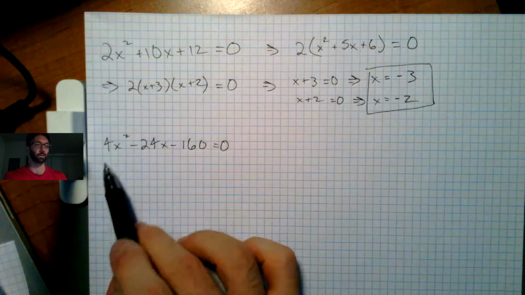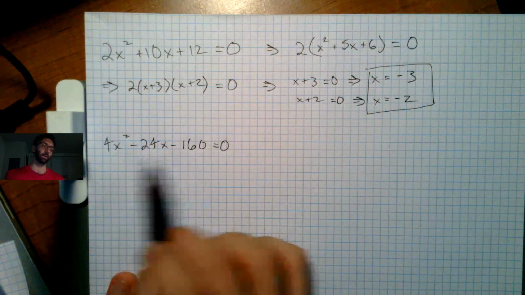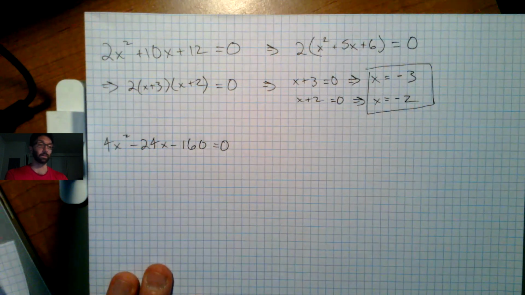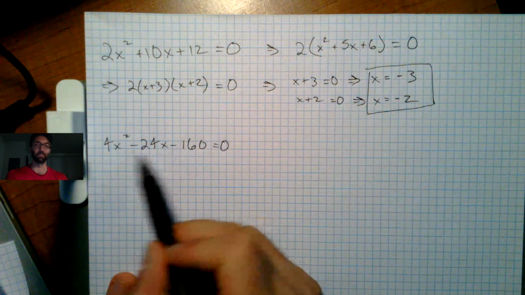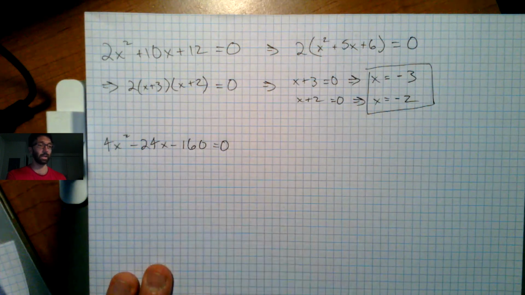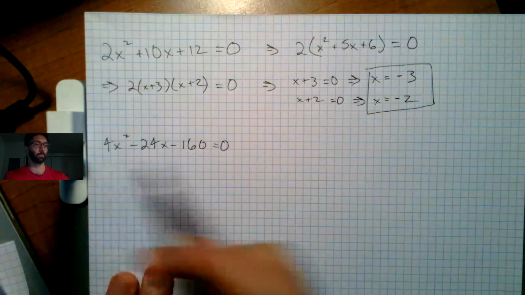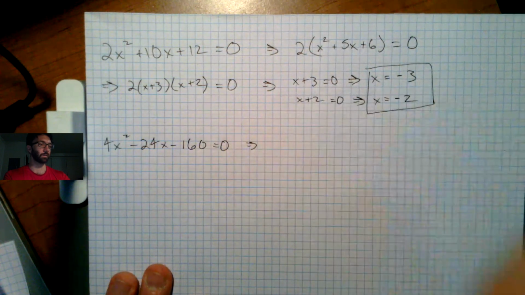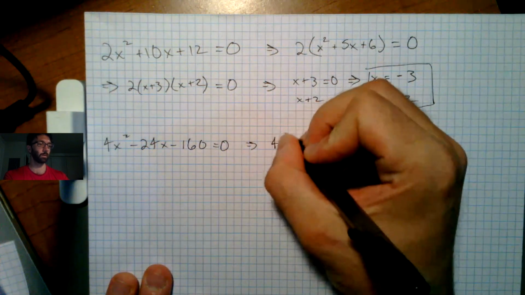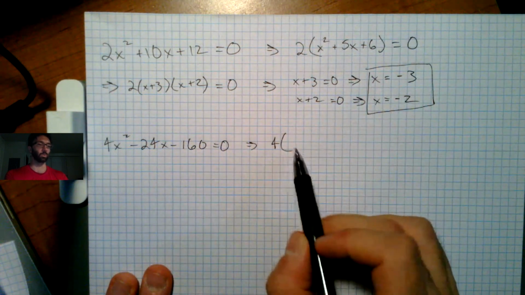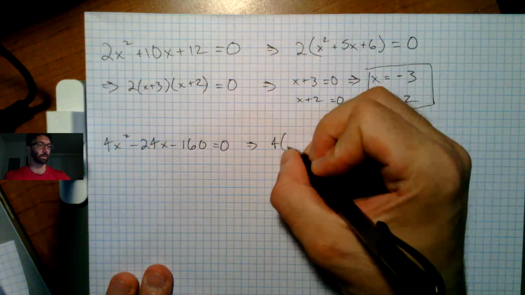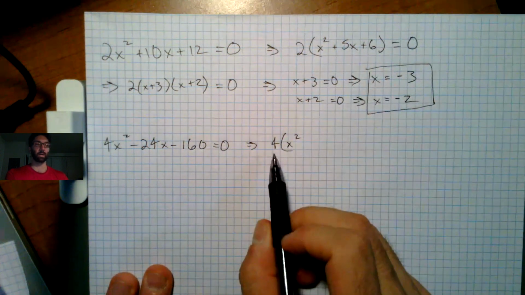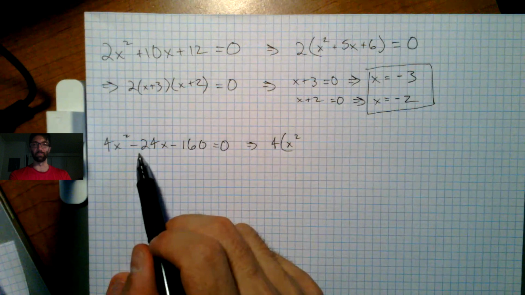The first thing you're going to do is try to identify the greatest common factor. It will go into all three of these terms, and in this case it's going to be 4. So I'm going to factor out my 4, and then 4 times what gives me my 4x squared? It's going to be x squared. And then 4 times what gives me my negative 24x?